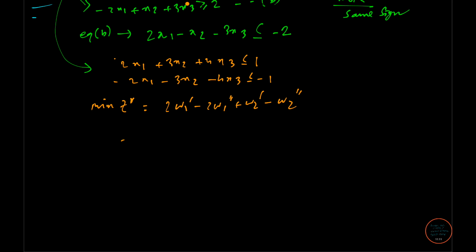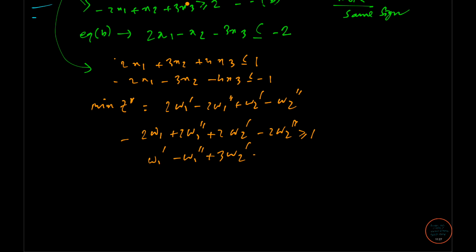Now the reason I am doing it is, and obviously this will be like 2w1 double dash plus 2w2 dash 2w2 double dash greater than equal to 1, and w1 dash minus w1 double dash 3w2 dash, and in that way we are proceeding here. And now comes the third one. The 4 part is done.